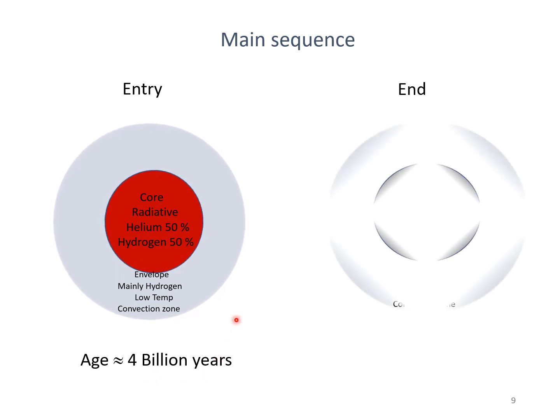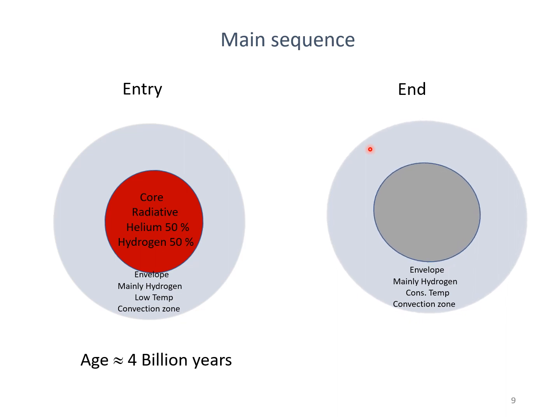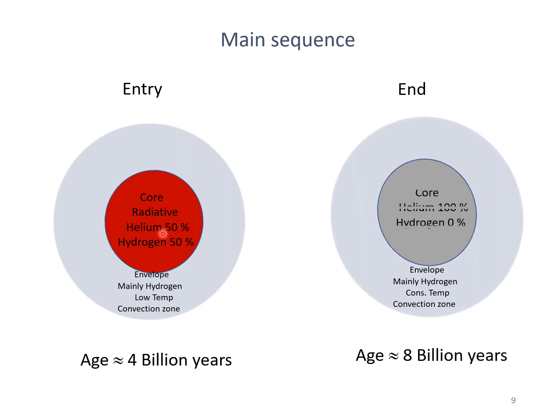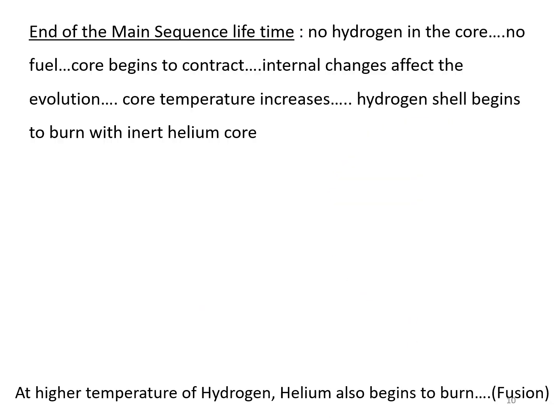And then at the end, depending on the way in which the core has the different elements, it may end up in different ways. If the central core contains helium 100% and hydrogen 0%, then the envelope is mainly hydrogen, and we have the convection zone outside. That may take something like 8 billion years.